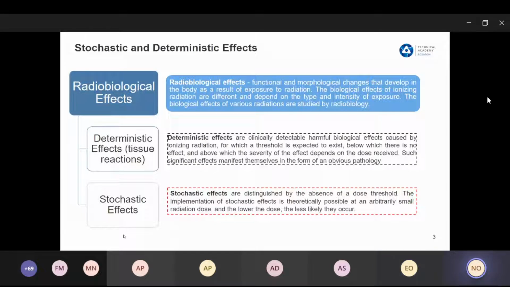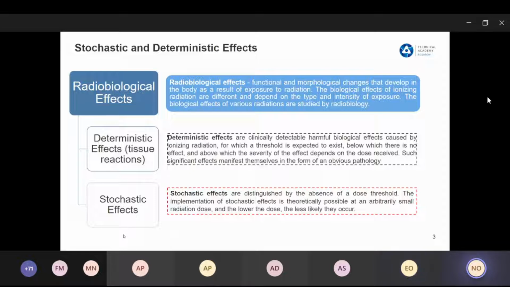Radiobiological effects. What is that? Radiobiological effects are functional and morphological changes that develop in the body as a result of exposure to radiation. Biological effects of ionizing radiation are different and depend on the type and the intensity of exposure. Biological effects of various radiations are studied by radiobiology.